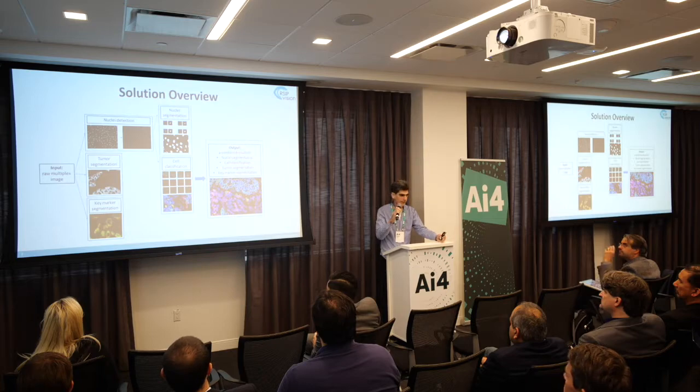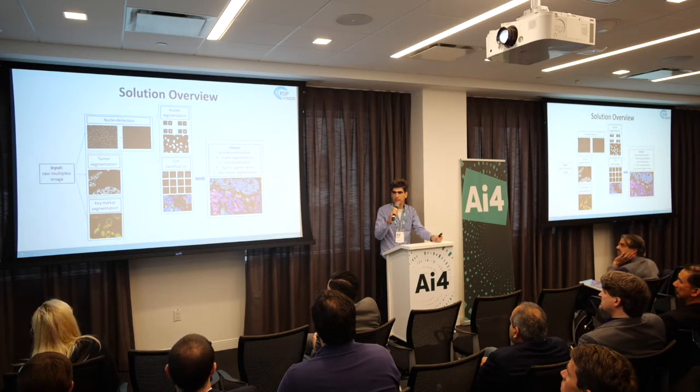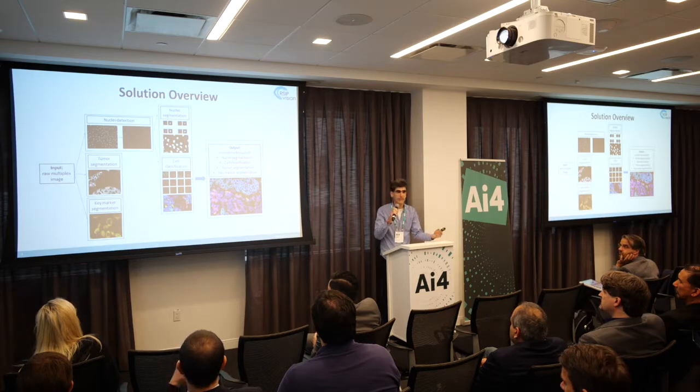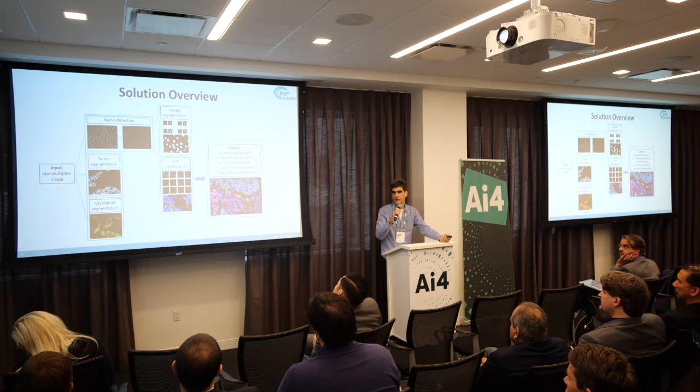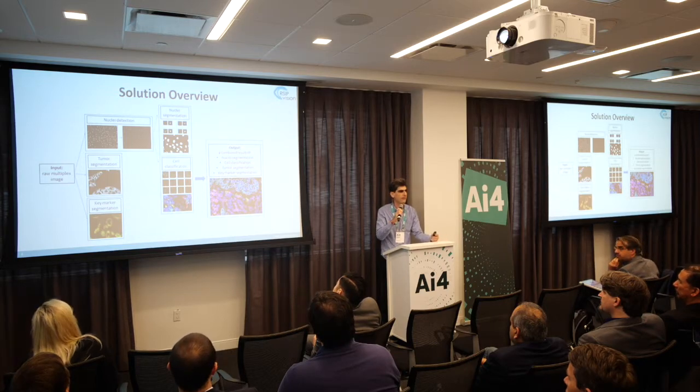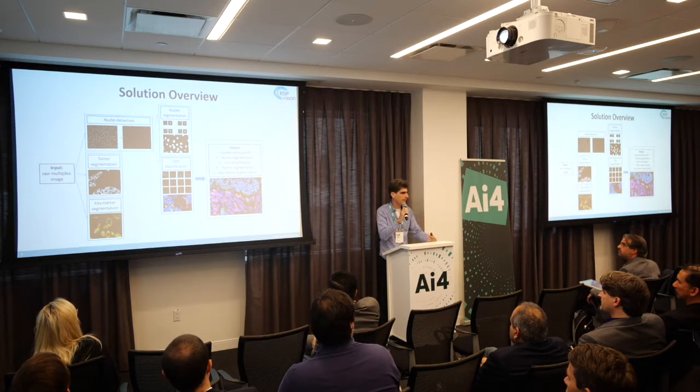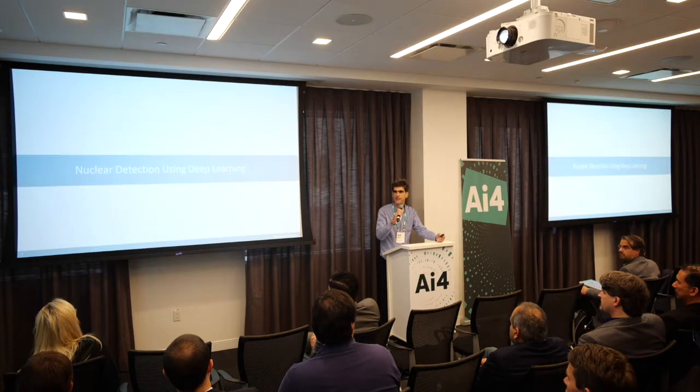After we have the initial detection steps, we do nuclei segmentation. We want to separate each nucleus from its neighbors, and this is a critical step in order to get your counts right and get your classifications right. And you have cell classification and combining all these outputs into a result, both in terms of presentation of the results so that they can be easily viewed, and also to do statistics.